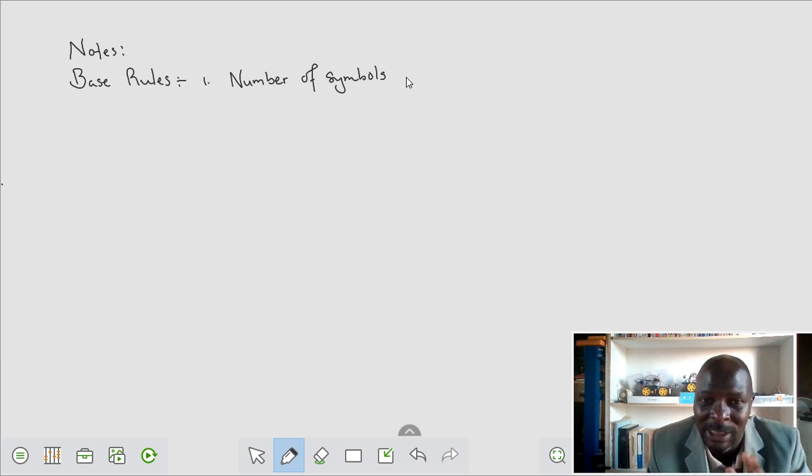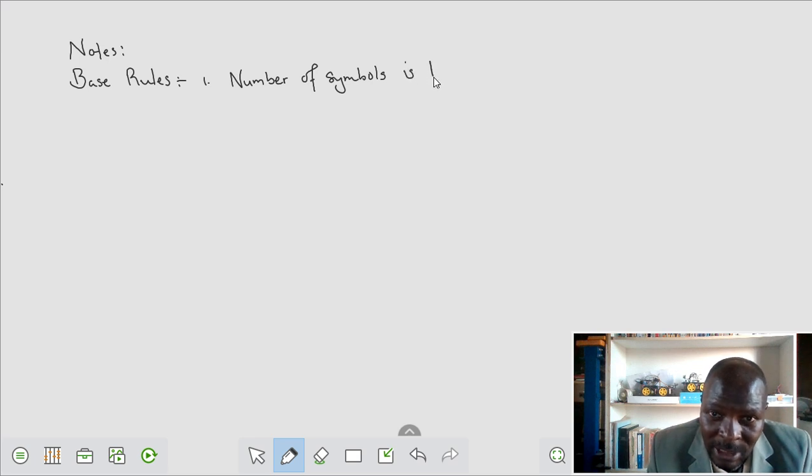I just want to mention this because sometimes we tend to get carried away and think we've mentioned it already when we've forgotten to mention it. So number of symbols is the same as the base. You can rest assured now that base 8 will have 8 symbols, the same as the base.